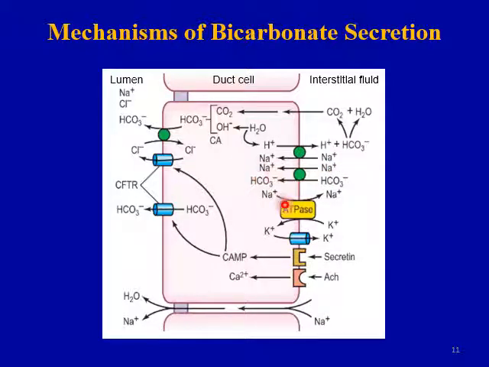Okay, now we have a cell that is not stimulated by secretin and acetylcholine. So what happens? This antiporter in the apical membrane, the chloride bicarbonate antiporter, will exchange chloride that comes from the fluid released by the acinar cells.